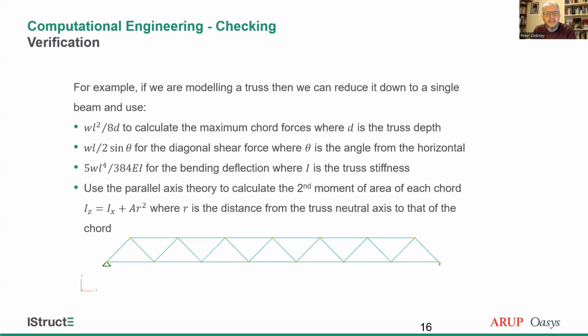Note, of course, that is just the bending stiffness of the truss, and doesn't include the shear stiffness or the effects of the diagonals. So it won't be exactly the same as the computer analysis, but it should be very similar, which is what we're looking for. If the results are similar, then you can feel confident. If the results are wildly different, then you know that something's definitely wrong somewhere.